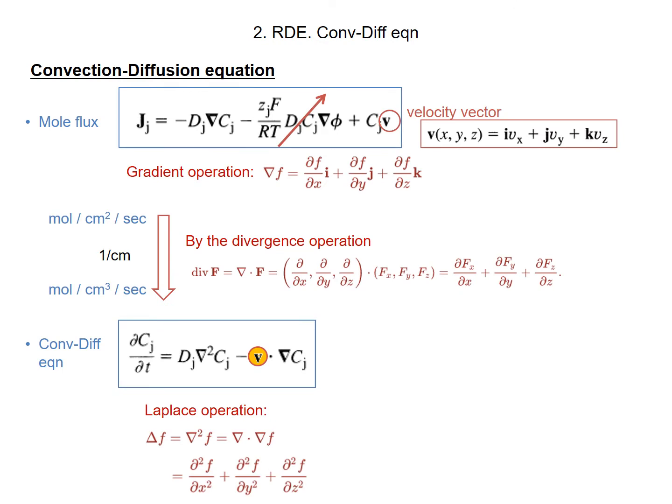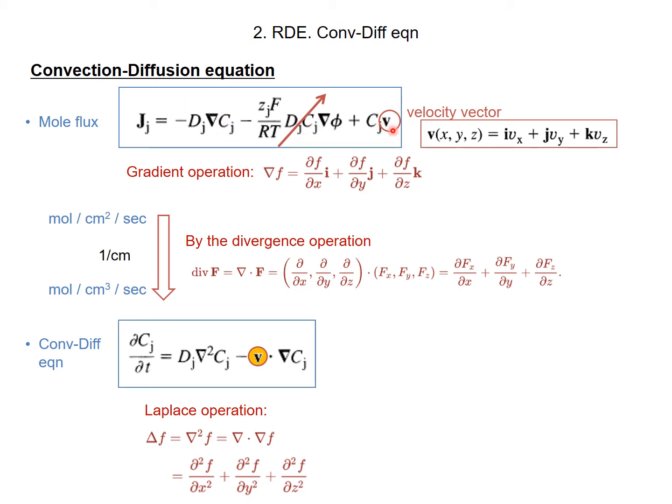It's time to derive the governing equation for the hydrodynamic techniques, which is called the convection diffusion equation. Let me start with the mole flux equation I have shown you in the previous slide. The mole flux J of a specified species j is equal to the diffusion term, migration term, and convection term.